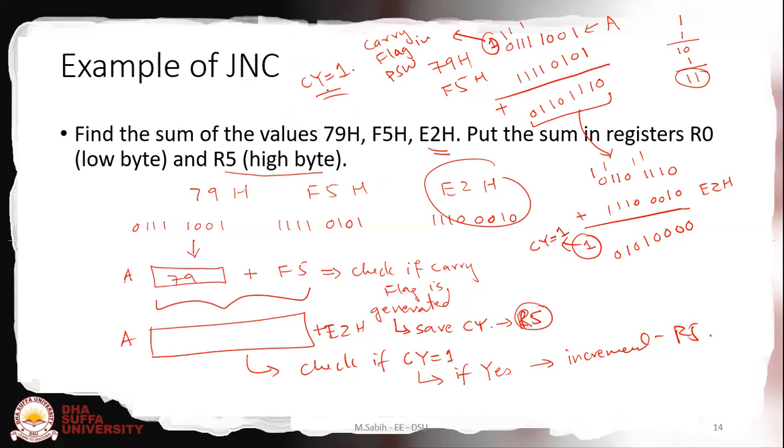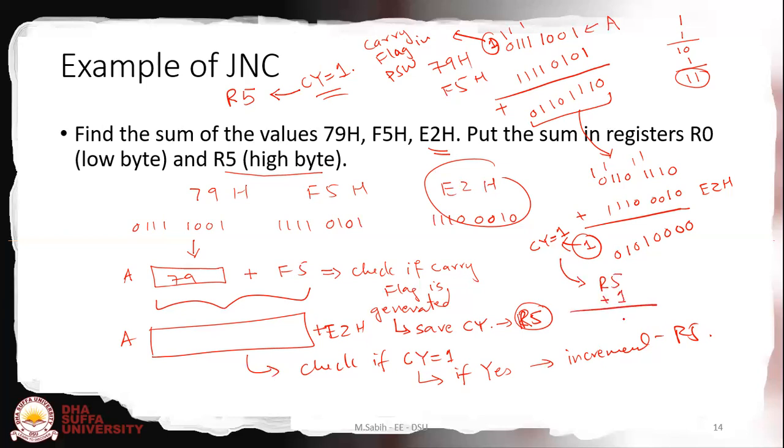So going back here, once we have in any calculation the carry flag, I should save it to R5. So it should be moved to R5. And this carry flag means this is the 13th bit. So this bit should be added to R5. So this should go and add to R5 plus 1.